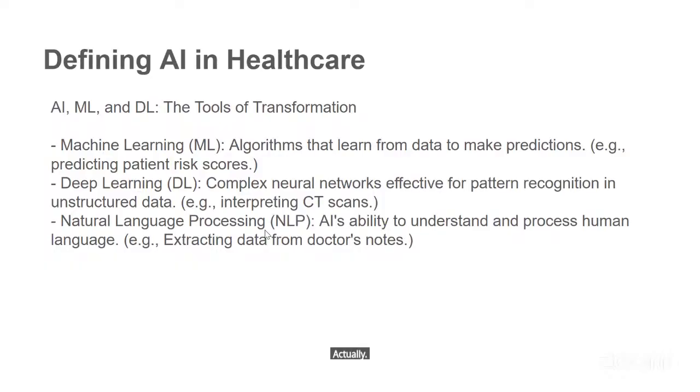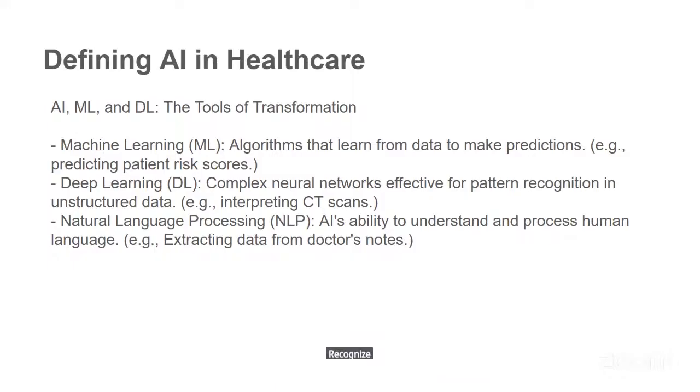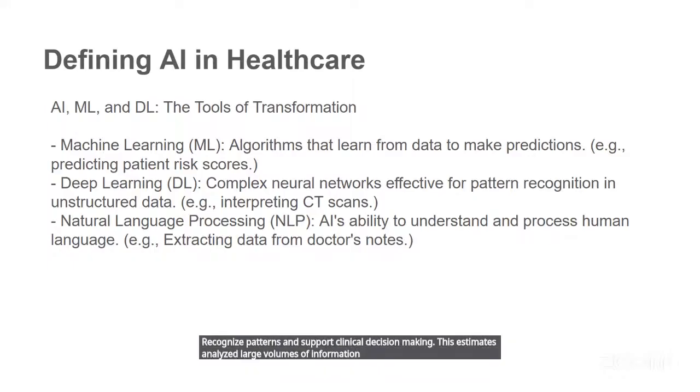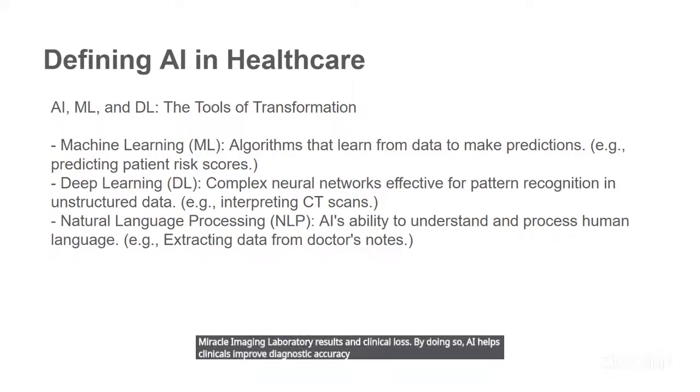And to understand how we can work smarter in healthcare, we first need to understand what artificial intelligence actually is. Artificial intelligence in healthcare refers to computer systems that are able to learn from medical data, recognize patterns, and support clinical decision-making. These systems analyze large volumes of information such as electronic health records, medical imaging, laboratory results, and clinical notes. By doing so, AI helps clinicians improve diagnostic accuracy, predict risk earlier, and personalize patient care.